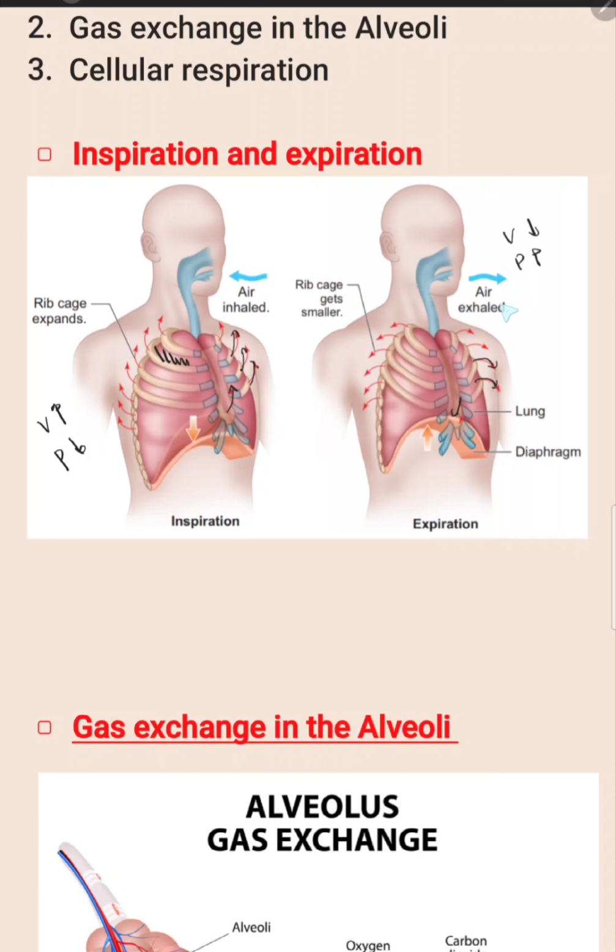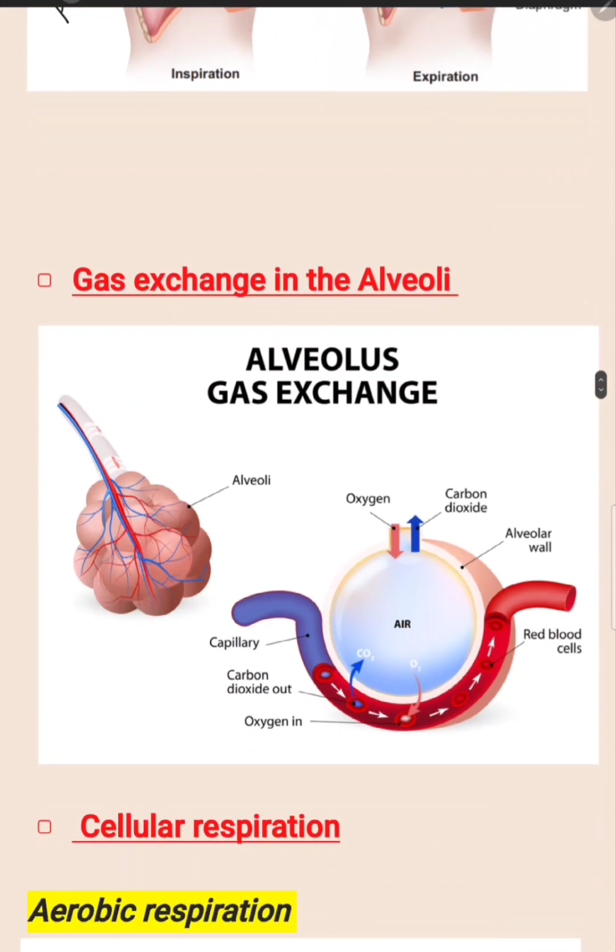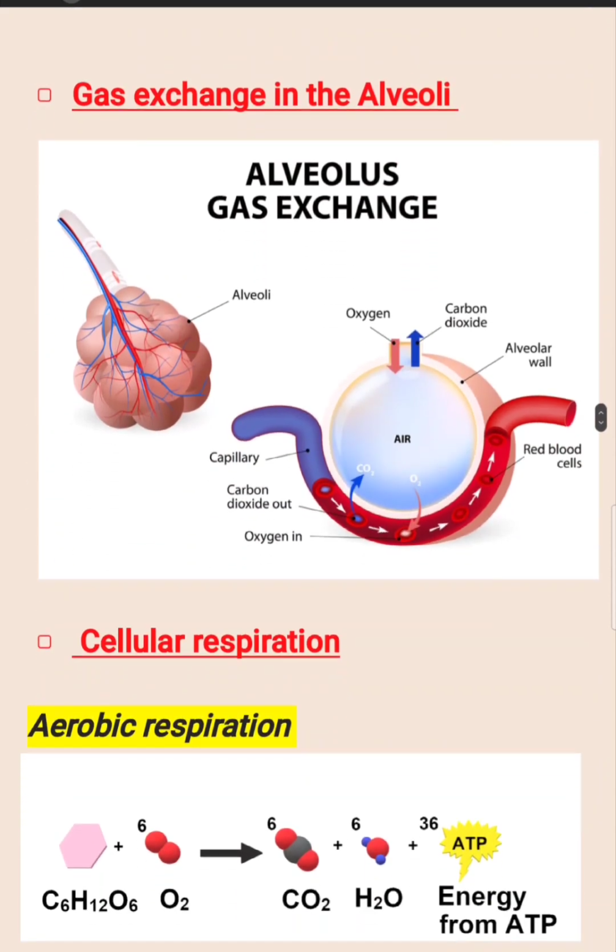The pressure inside the lungs is increased, so the gas is released from the lungs to the external environment when we are doing expiration. Let's move into the second step of respiration.